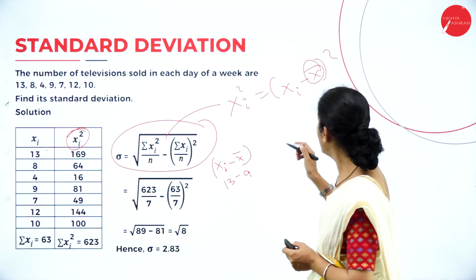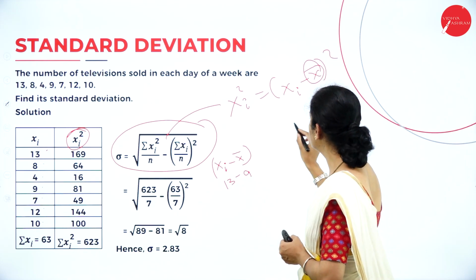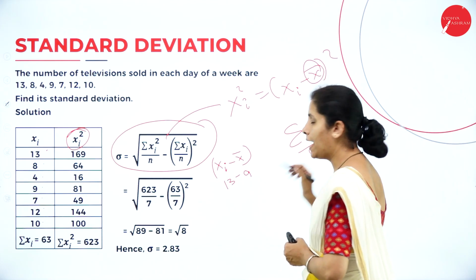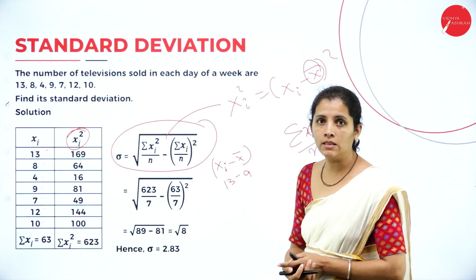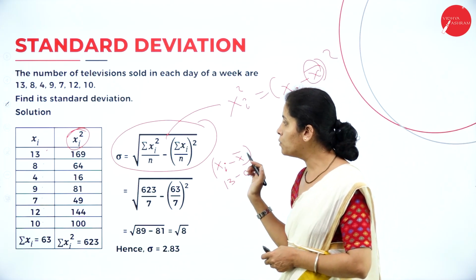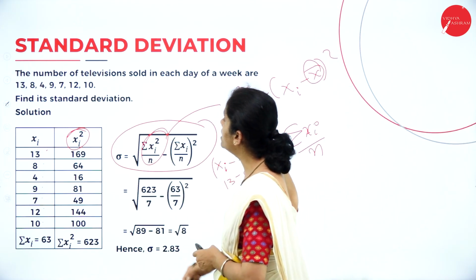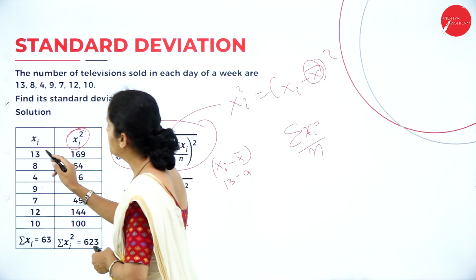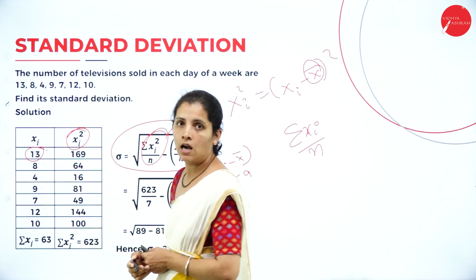So what is the value to find out the mean? That is summation of xi by n, and it's a direct method, so no need to find out the mean. But what I require here? I require xi square. So what I'm going to have here? I'm having xi.